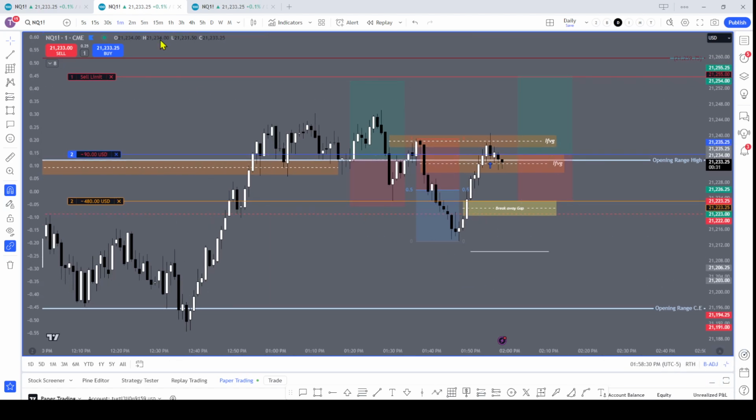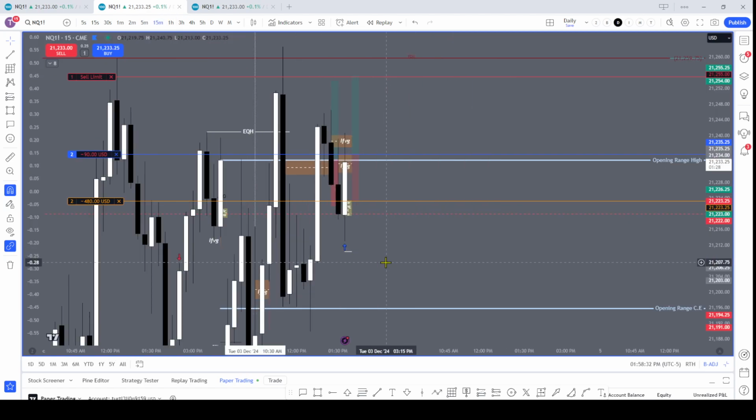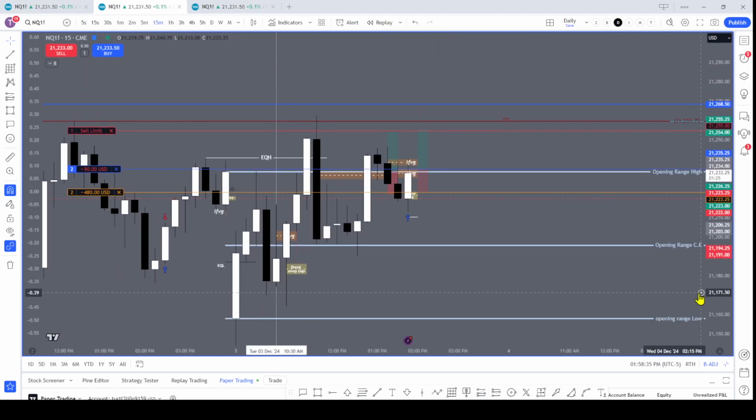A little bit higher time frame. We are inside of a 15-minute BISI.